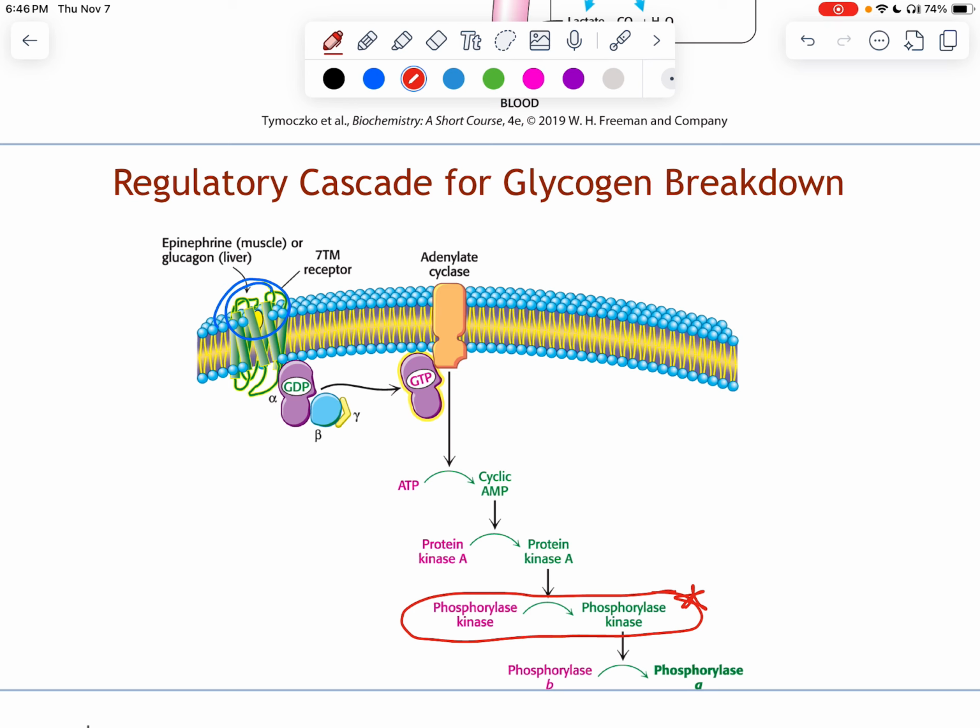And then that activated phosphorylase kinase phosphorylates the enzyme that we're calling phosphorylase, glycogen phosphorylase, but for short we often just call it phosphorylase. That activates it, makes it more active. So we're going to step through this.